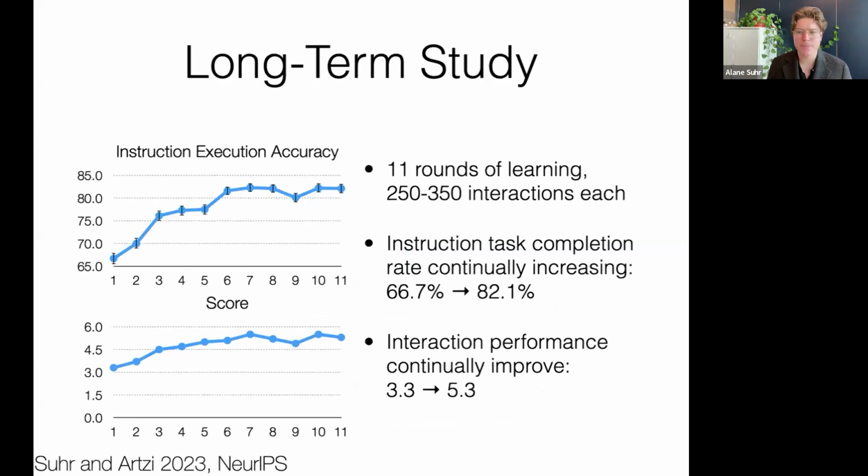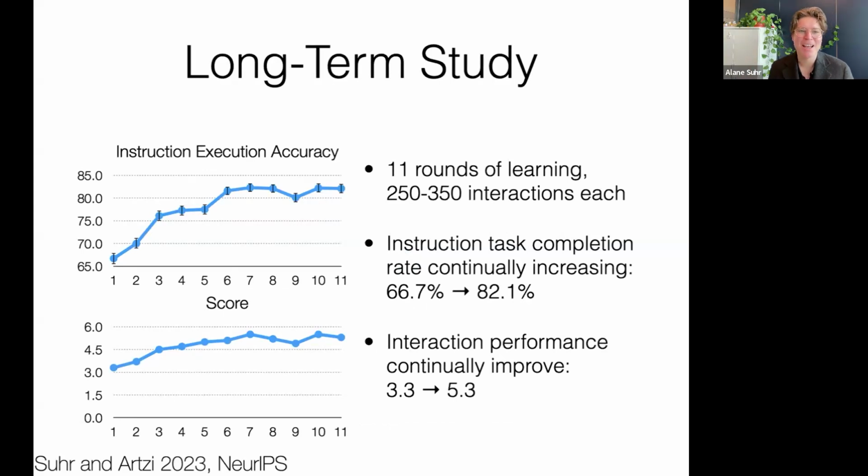So the main results from this study: across 11 rounds of training and deployment with around 250 to 350 interactions each, we start with an instruction completion accuracy of around 66, 67%. But over time, across 11 rounds, we get this up to like 82% accuracy, which is really great.